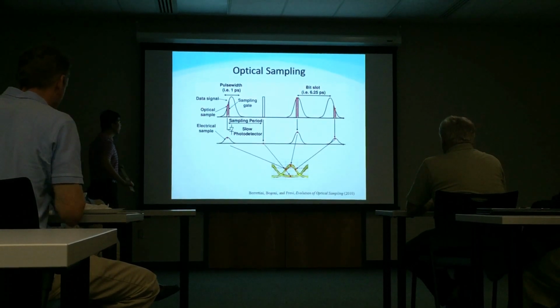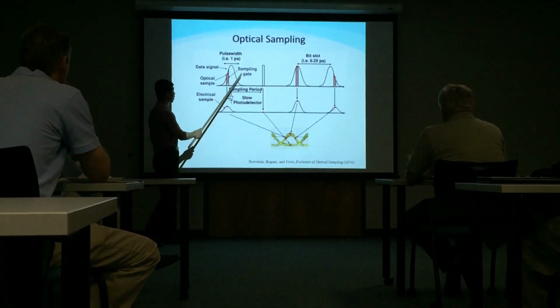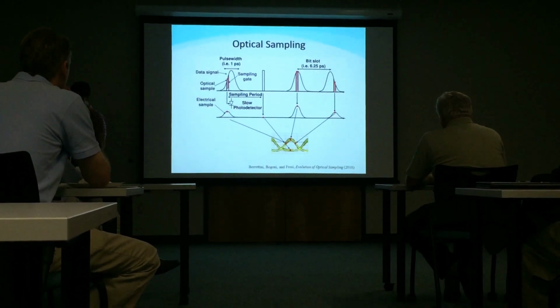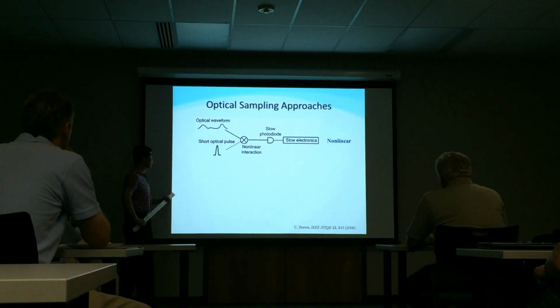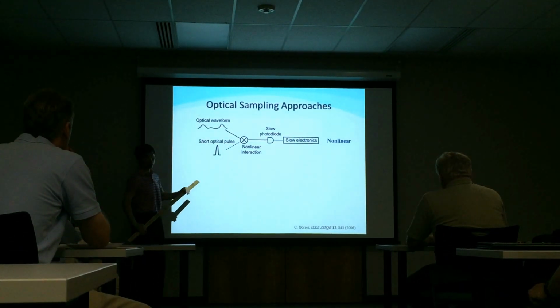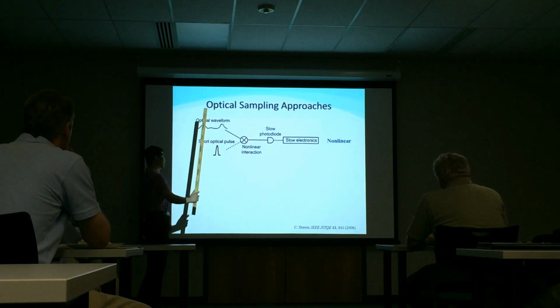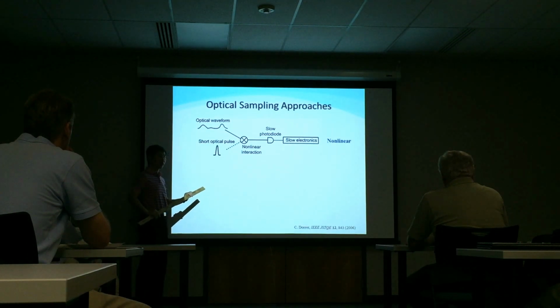So of course the key is how you create these very short gate signals, and there are different ways to do that. The most straightforward way is to use the nonlinear effect. For example, you have a nonlinear material here. It can be a crystal, it can be optical fiber, whatever, and typically you use a third order nonlinear effect.